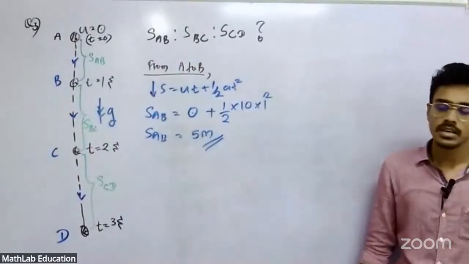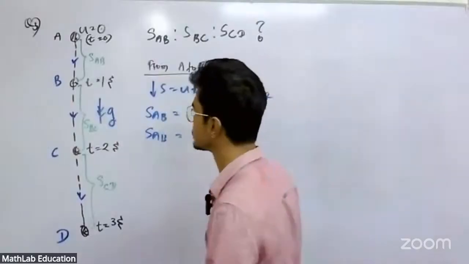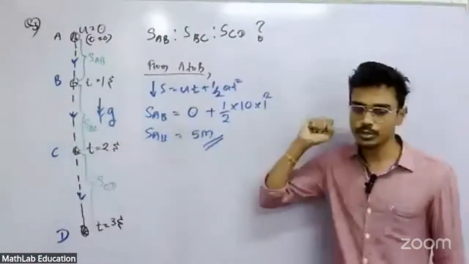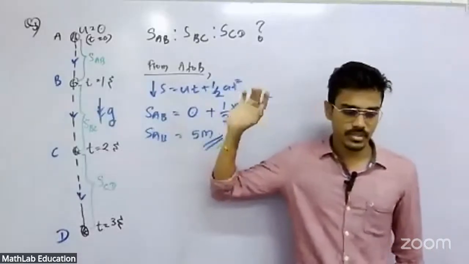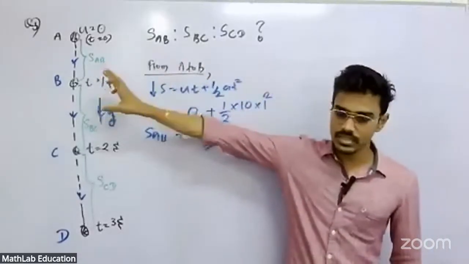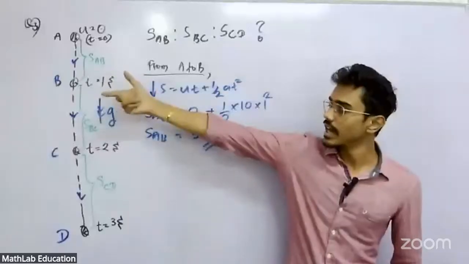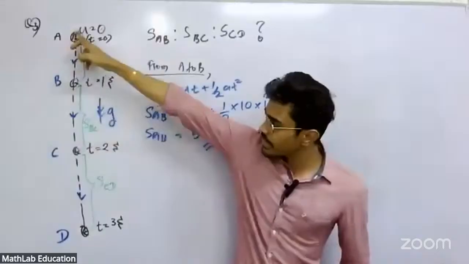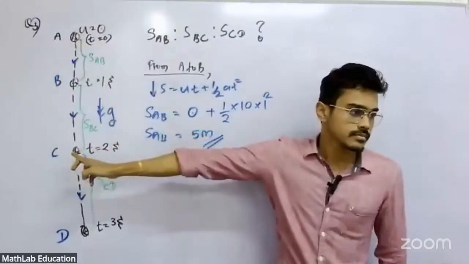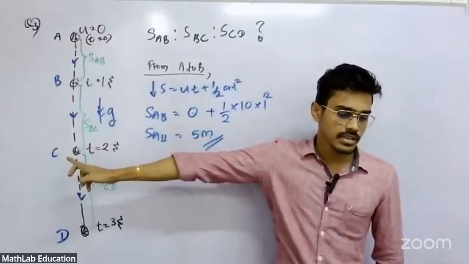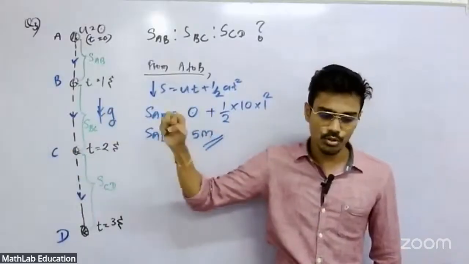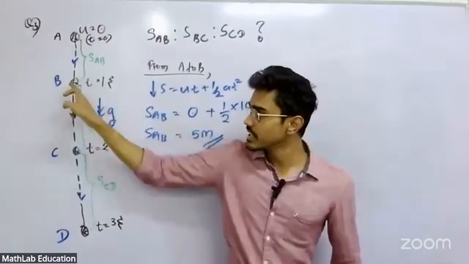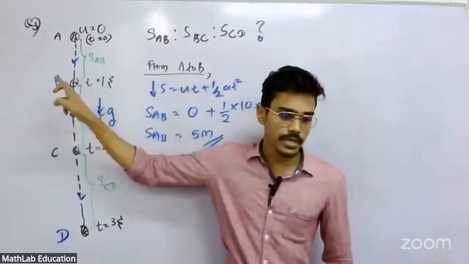And as the second thing, I'm going to think a bit different. I'm going to apply an equation from A to C at once. Because my idea is to exclude the velocity term I'm getting at B, because that is unknown.